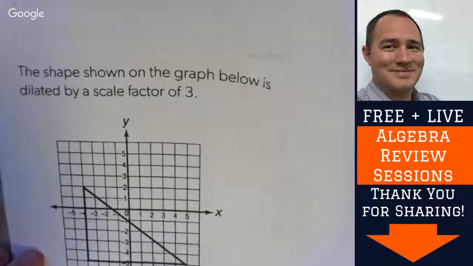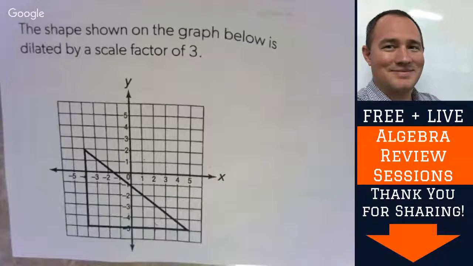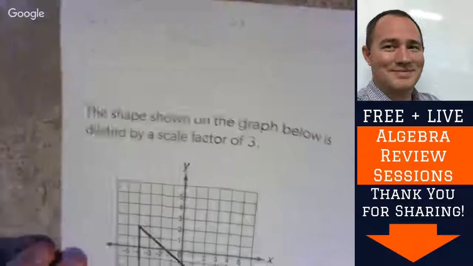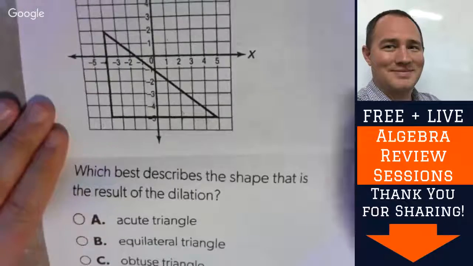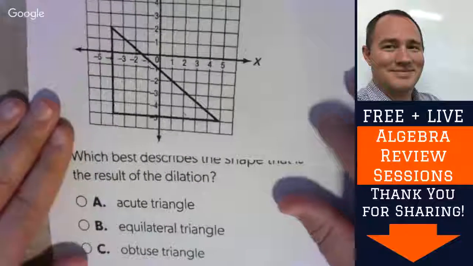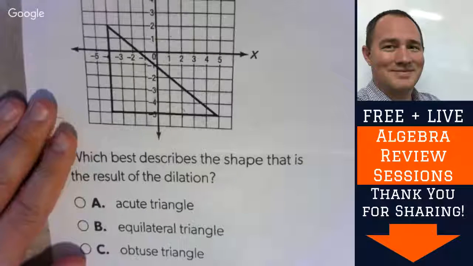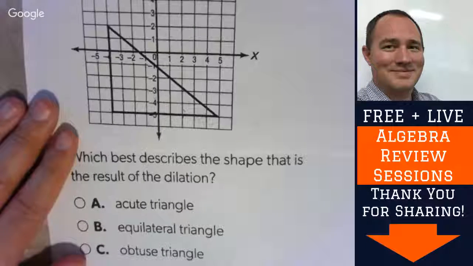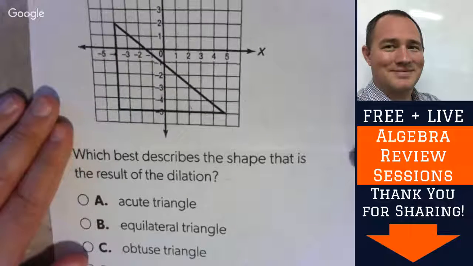So the shape shown on the graph below is dilated by a scale factor of 3. And it asks which best describes the shape that is the result of a dilation. So remember, if something goes through a dilation, it's not congruent, it is similar. So what does that mean?